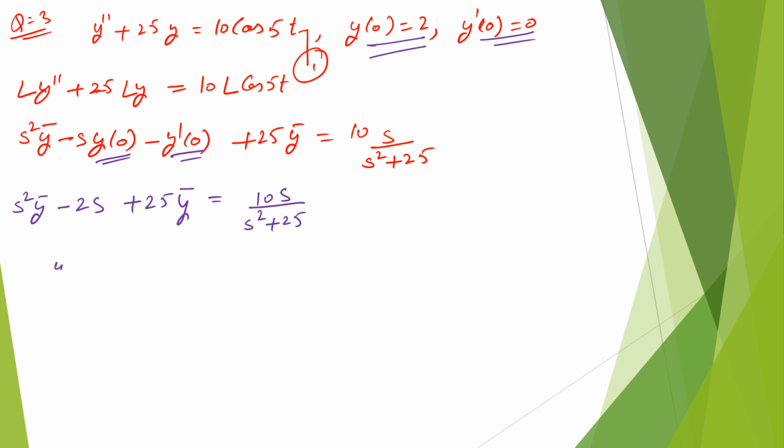Now taking Laplace of y on the left side, Laplace of y is equal to 10s/(s² + 25)² + 2s/(s² + 25).